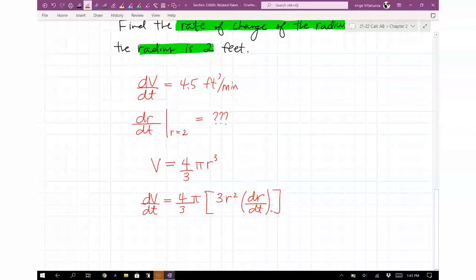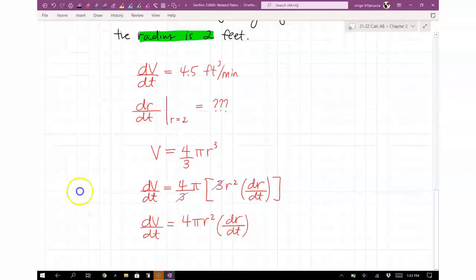Now remember, I'm supposed to be solving for dr dt. So I'm going to get rid of this 3 here and this 3 there. So if I clean this up a bit, I get dV dt is equal to 4 pi r squared dr dt.